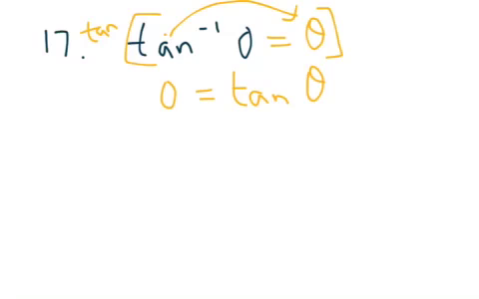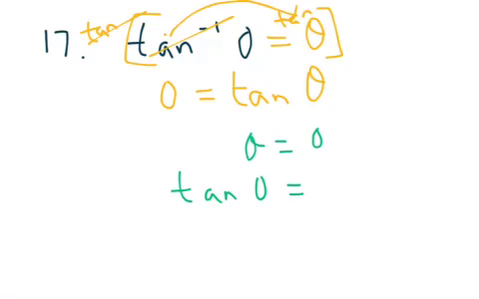When you take tan of both sides, these two will cancel out, and you get 0 equals tan of theta. You look on your table 3, and you look for 0, and you notice that theta equals 0, because tan of 0 equals 0. So your answer is theta equals 0.